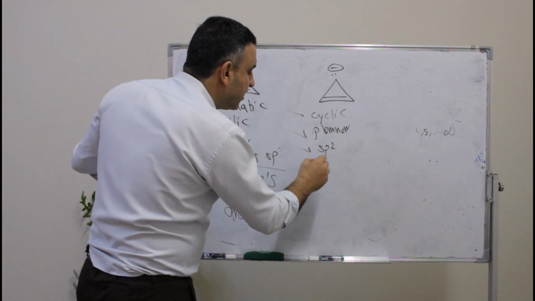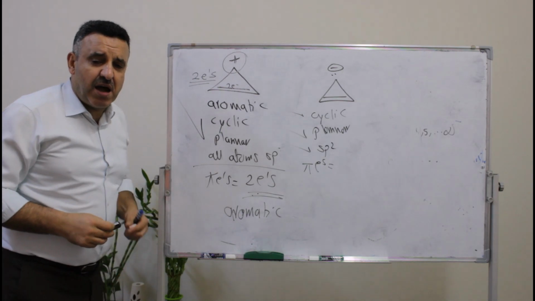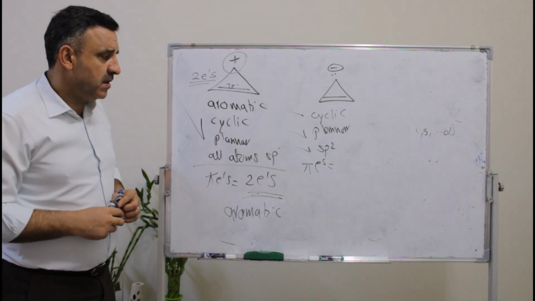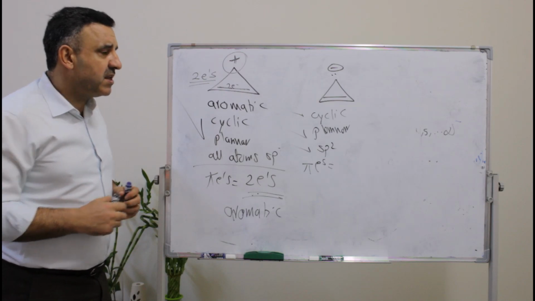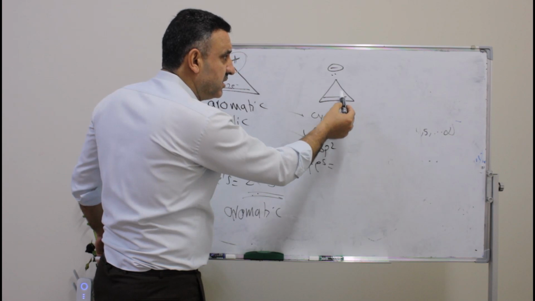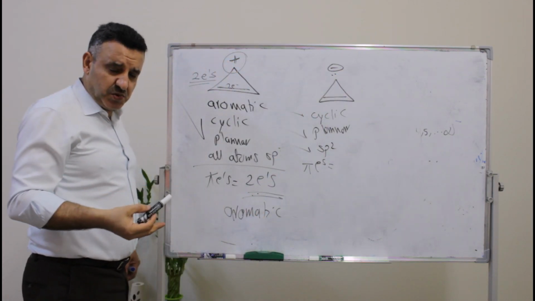How many pi electrons do we have in this system? 3? Why 3? It's 4. 2 electrons in this pi bond and 2 here, because any negative charge is 2 here.